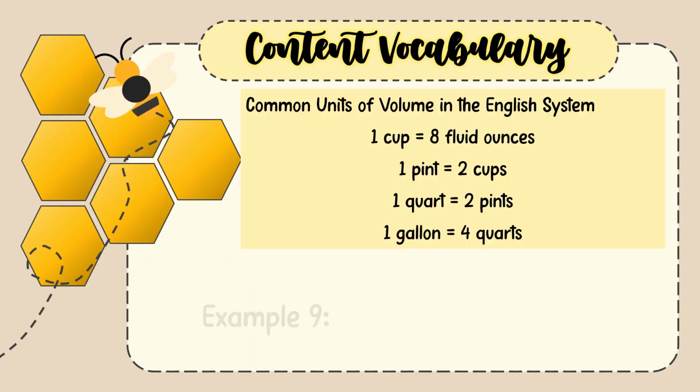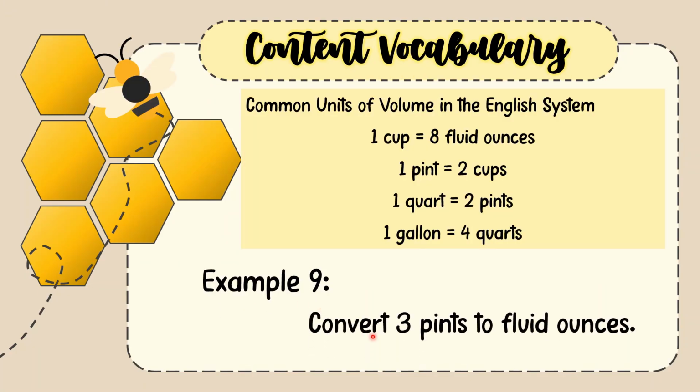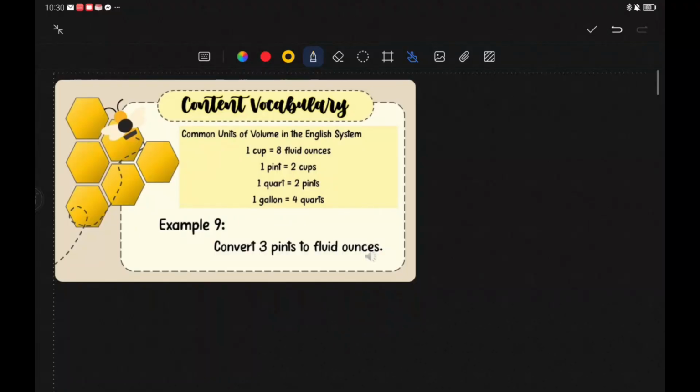For example number 9, we have here, convert 3 pints to fluid ounces. Now let's solve for example number 9. Convert 3 pints to fluid ounces. So we have here pint and cups, quart and pints. But we are going to look for the fluid ounces, so we cannot use the quart.